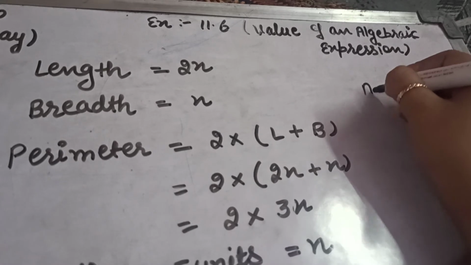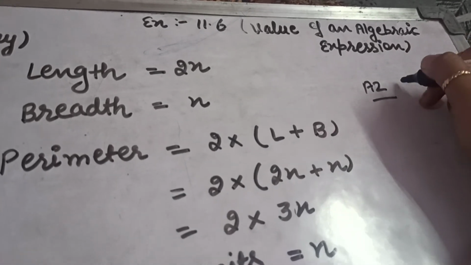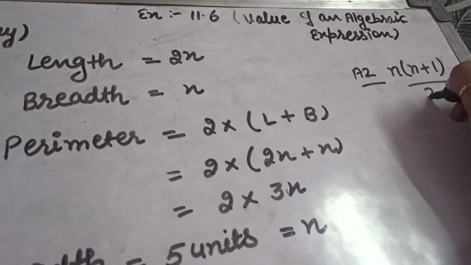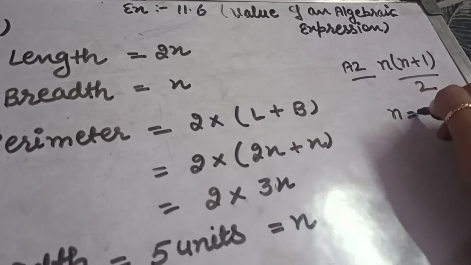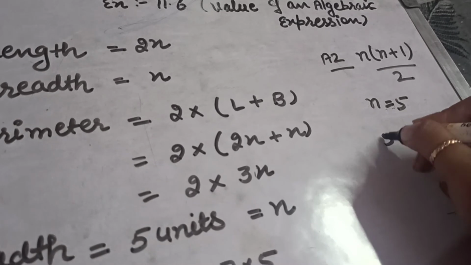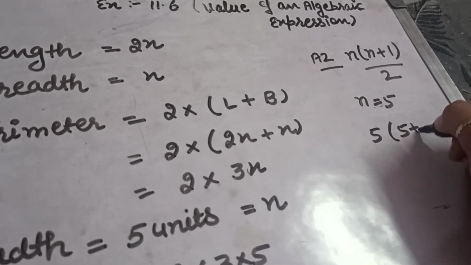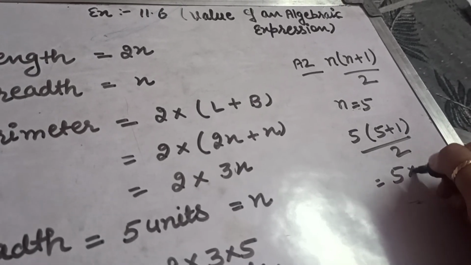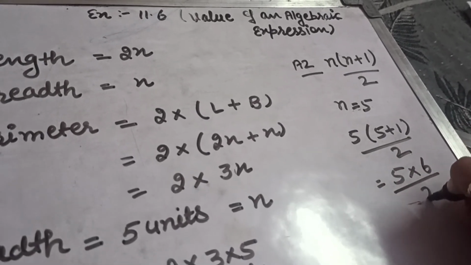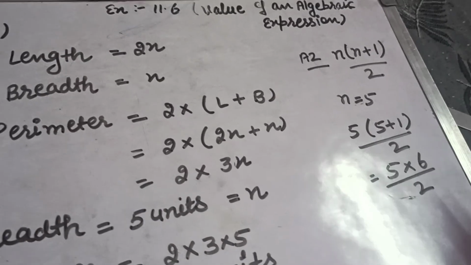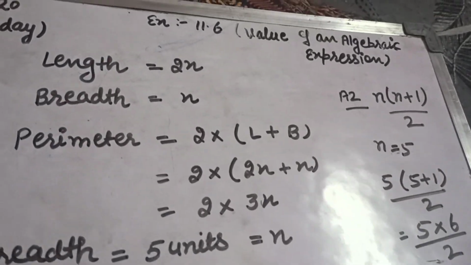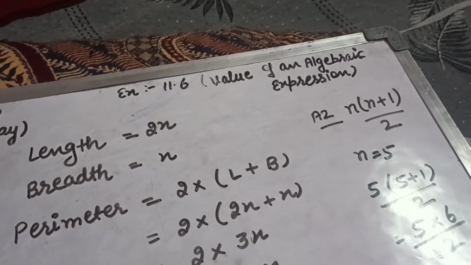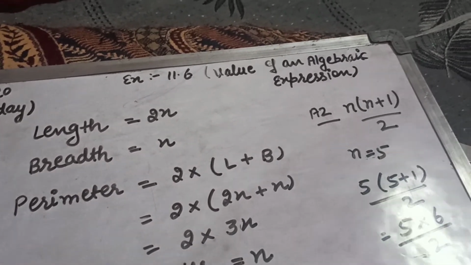This A2 part also you can do yourself. In this formula we have to put n equals 5. Means 5 plus 1 by 2. Now 5 multiply 5 plus 1, 6 by 2. Now you will solve and find the answer. And that answer is the sum of first 5 natural numbers.